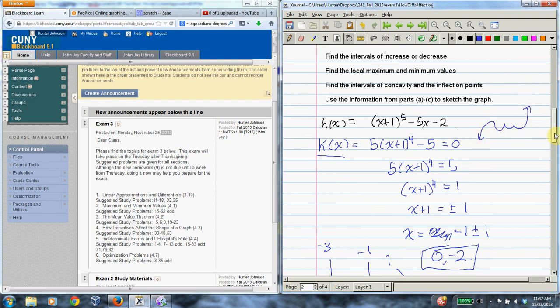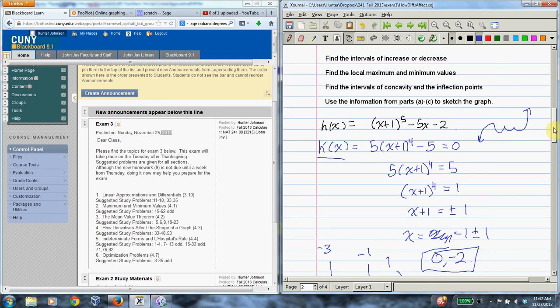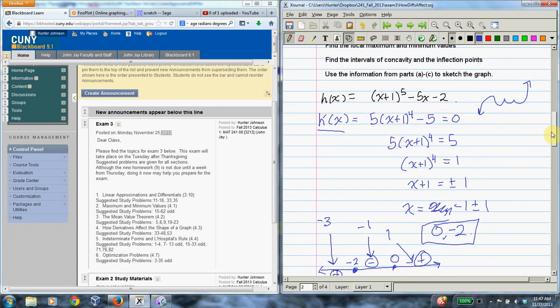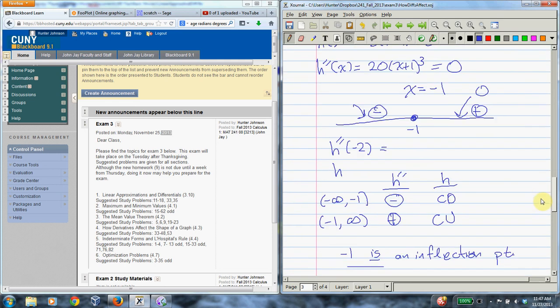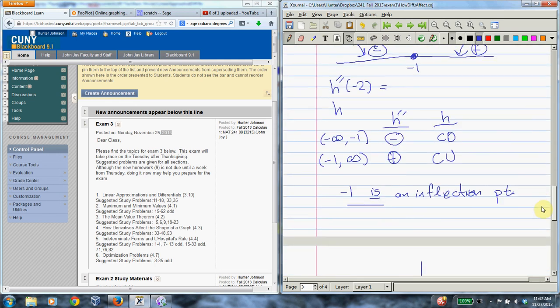And I know people still stare at me like when I say that, but you really need to figure out what that means. All odd degree polynomials look the same. So talk to me or figure out what that means one way or another. It's a pre-calculus thing.